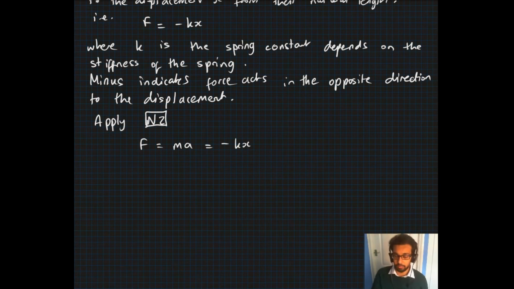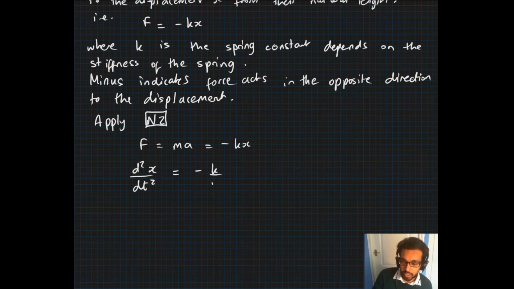If you've done a little bit of differentiation, you know that the acceleration a can be written as the second time derivative of the displacement x. So we can write this as d2x by dt squared equals minus k over m times x, having done a little bit of rearrangement to take the m over to this side.